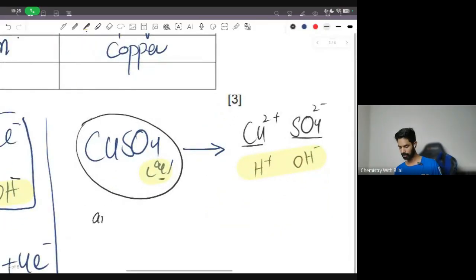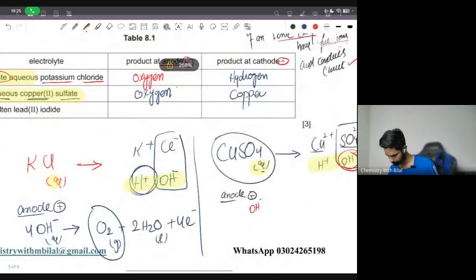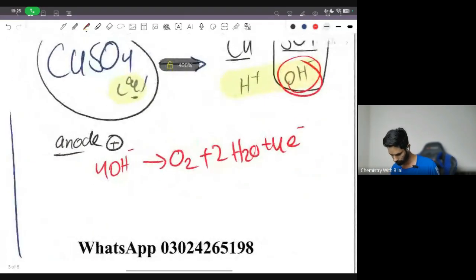Let's write the equation at the anode. Anode is positive. It attracts the negative ions. We have these two negative ions. Which of these two will win the race? The hydroxide will win. So that will be the equation: 4OH produces 1 oxygen, 2 water and 4 electrons. Is it fine till here?